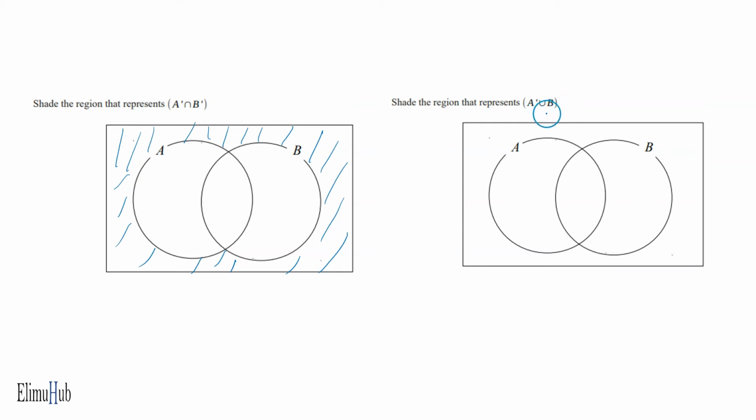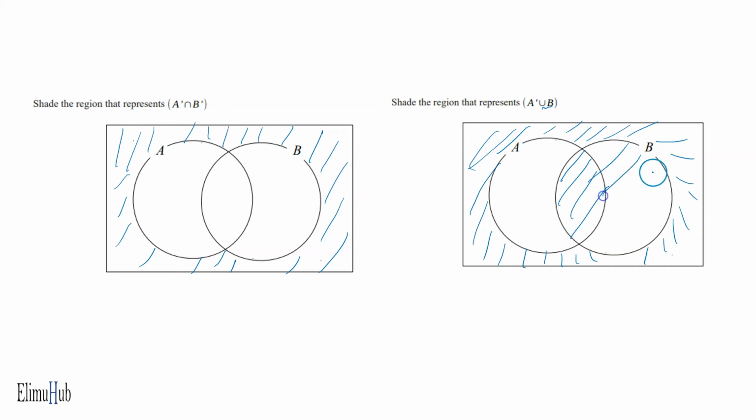So A is not allowed but B is allowed. So what would that be? So anything that's not A but can be B. So anything that's not A is outside to start with. So it's allowed to be in B. So that means we can have people in this area here.